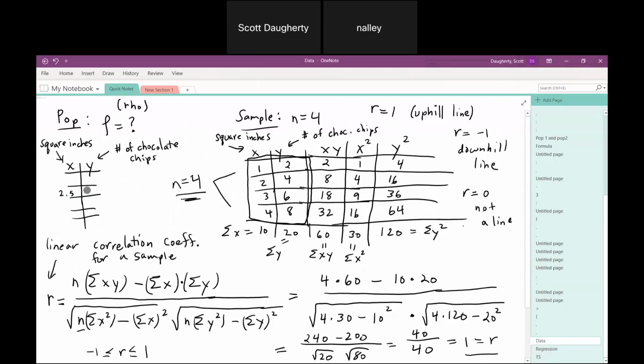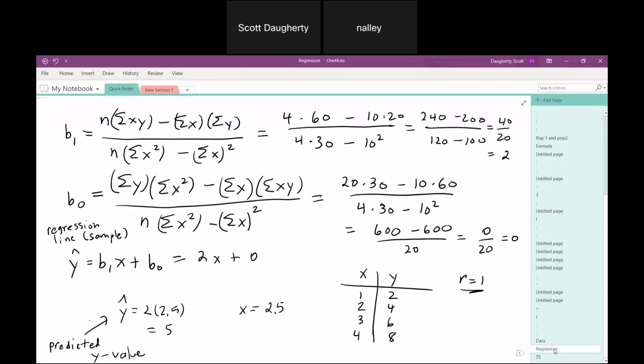It may or may not be 5, but whatever it is, this is the actual y value. And in lieu of doing that, let's say we never cut out a 2.5 square inch cookie. If we never did that from the population, then we could make a prediction for it. And this is our predicted y value. So those are two different things. This may not be correct, right? This is just a prediction. It's our best guess as to what y would be when x is 2.5. So just be aware of that, okay?